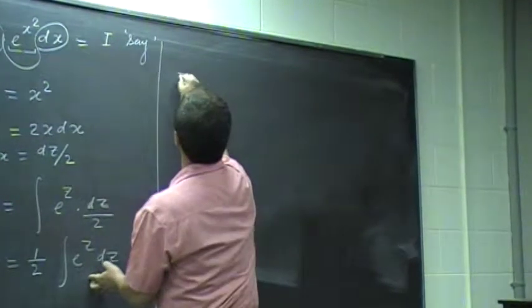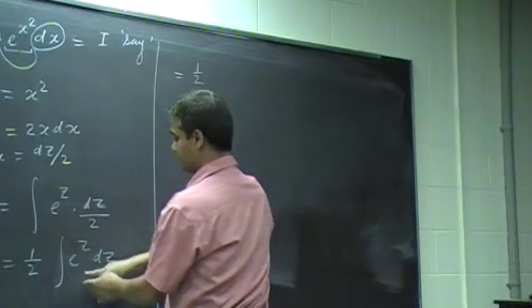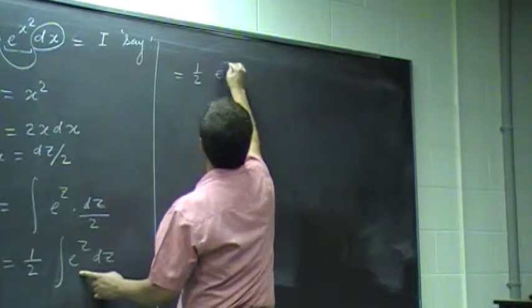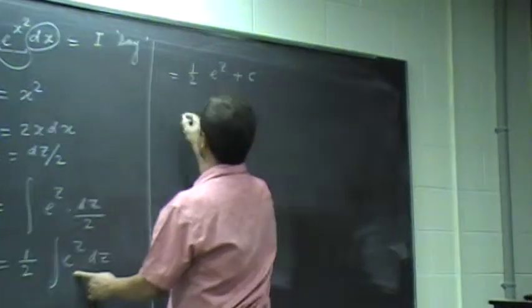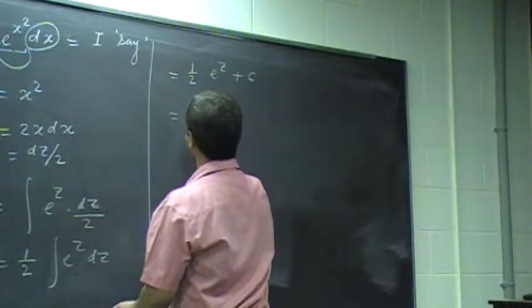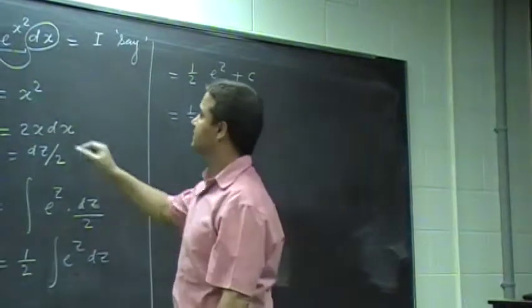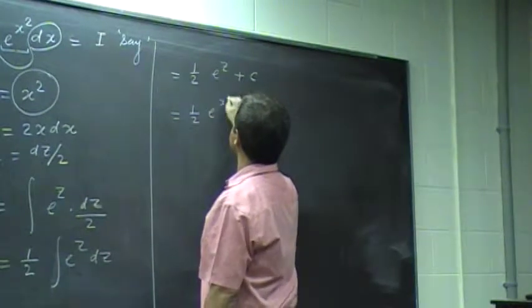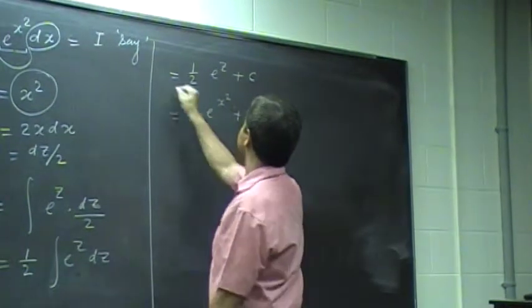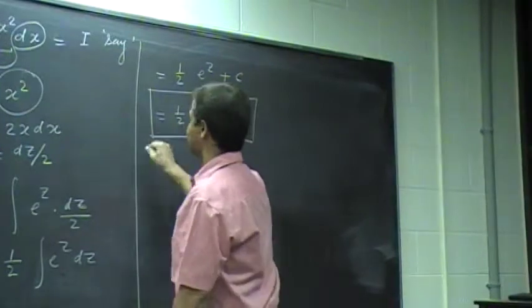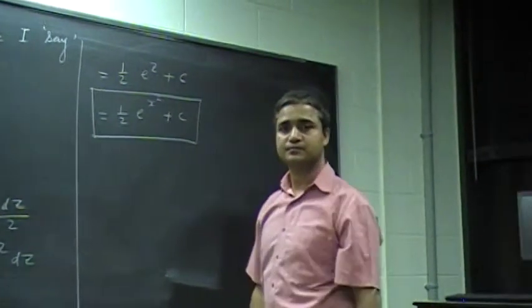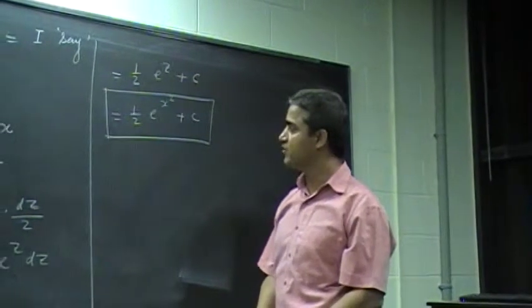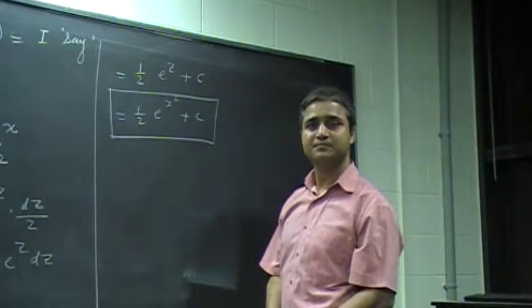This is half. The integral of this is e to the z plus constant of integration. What is z? z is x squared. So e to the x squared over 2 plus constant of integration. This is the integral. Do you see my point? Do you have any question? No. Okay, good.